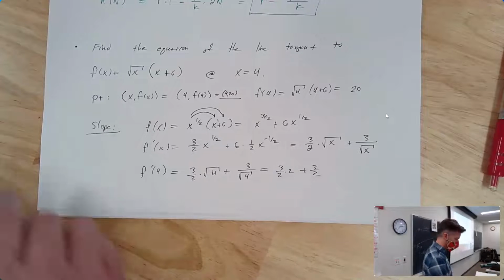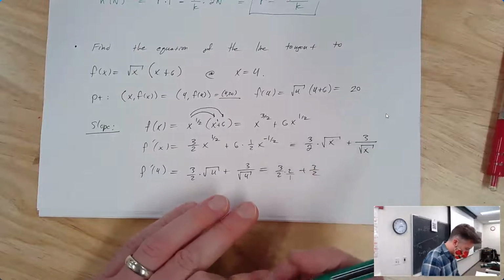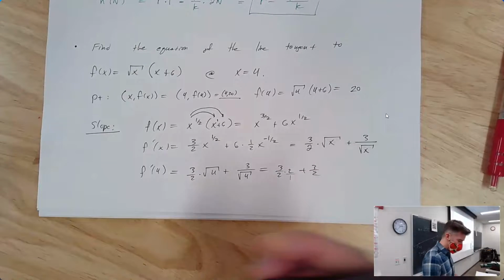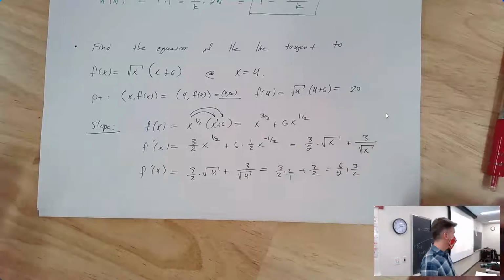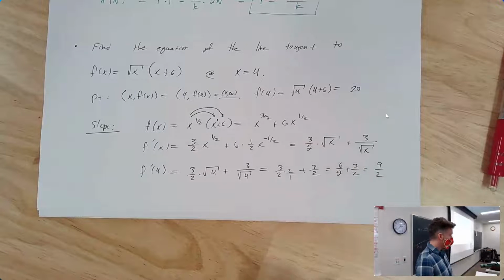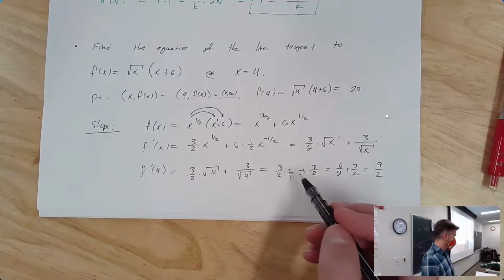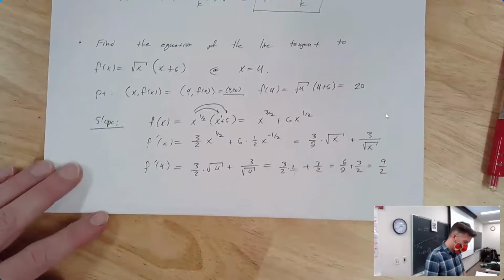So 3/2 times 2 over 1 is 6/2. Then I have 6/2 plus 3/2, which is 9/2. Normally I would have simplified 3 halves times 2 to 3, but then I would have had to change it back to 6 halves to get a common denominator. So don't make more work for myself than I need to.